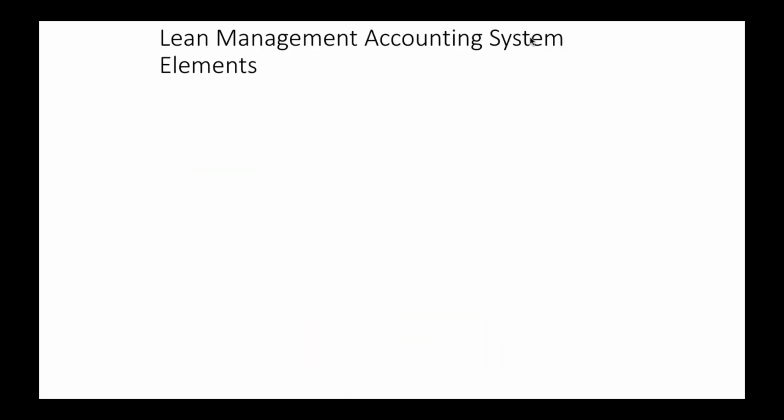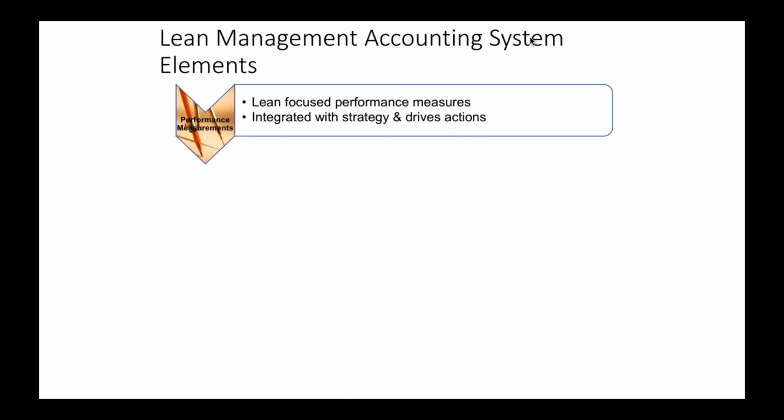So the elements of a lean accounting system. First is lean performance measurements. We want these measurements to be integrated with strategy, and we want these measurements to drive action. Now, many of you, if you currently work in a lean company, may already have lean performance measurements in place.